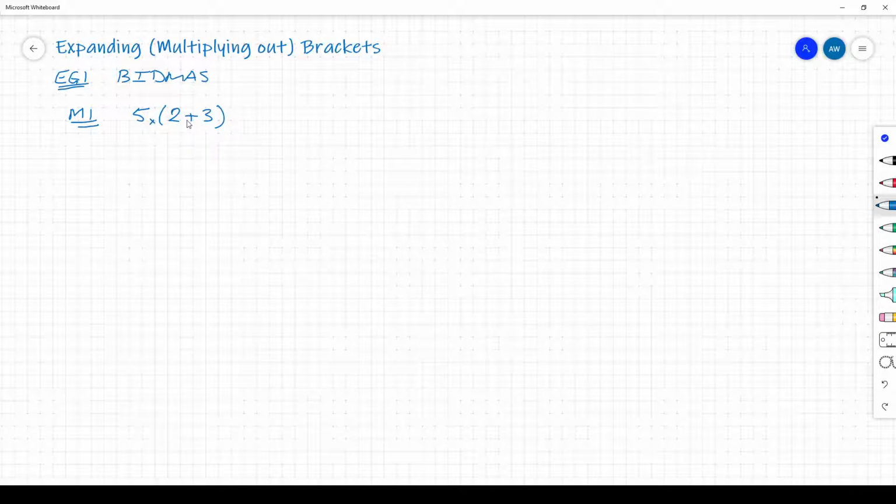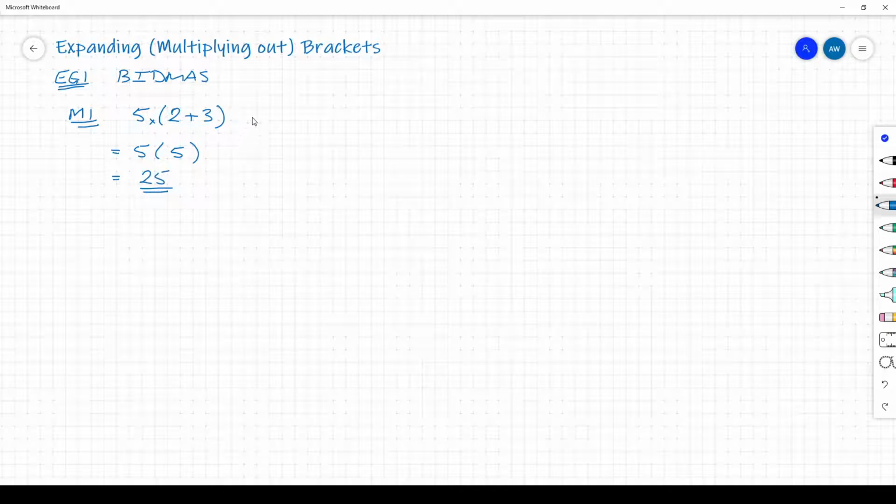Now if we're going to use BIDMAS, then we need to work out what is inside the brackets first. We don't write the times sign when we put a number in front of a bracket. We simply know that means 5 times whatever's inside the bracket. So if we work out what is inside the bracket, 2 plus 3, that's 5 of course, and that means 5 times 5, which is of course 25.